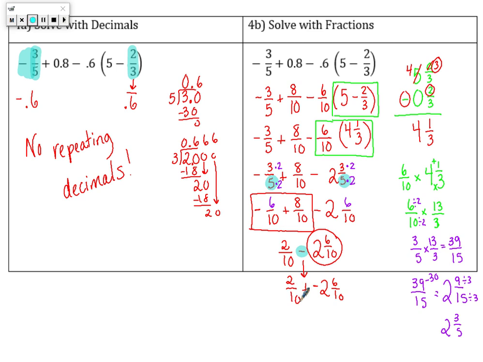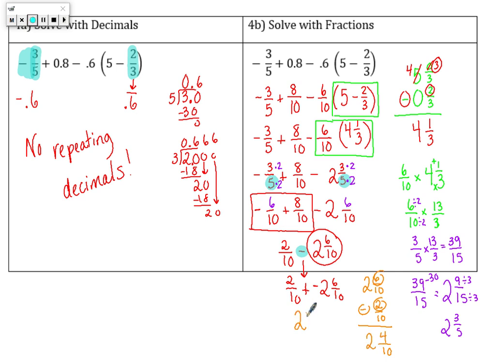Now we know when they have different signs than each other, I actually need to subtract the numbers. So if I were to take 2 and 6 tenths, the bigger number, and put it minus 2 tenths, it would be 6 minus 2, which would give us 4 tenths and 2 wholes.